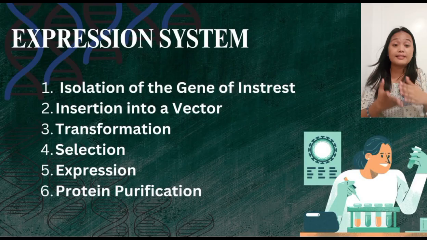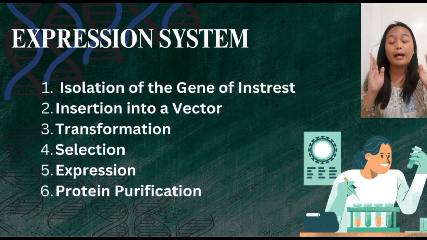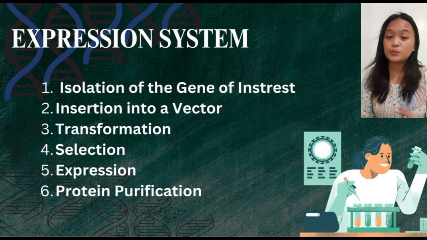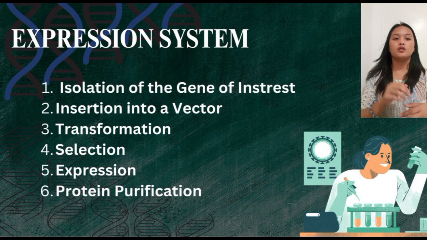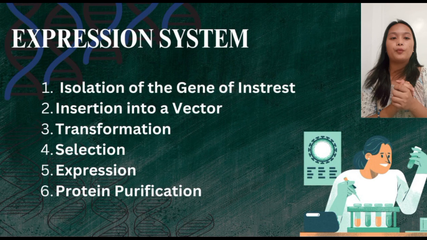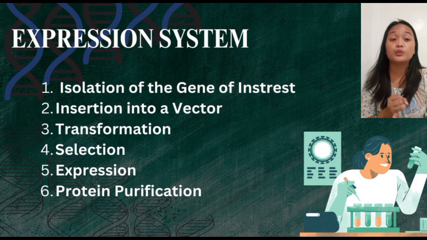Like what I said a while ago, I'll put a certain example that undergoes the 6 steps in the expression system. The vector used is a plasmid. So step 1 is isolating the gene of interest, the gene that codes for the protein we want to study.